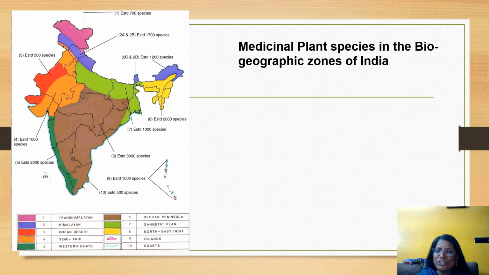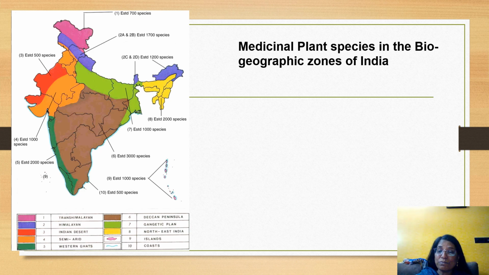And the islands, do you expect any medicinal plants to be recorded there? Obviously, even the islands have about 1,000 medicinal plant species. And when we look at the dry deserts, we might think there would be only a few species, but you have about 1,000 species even there.